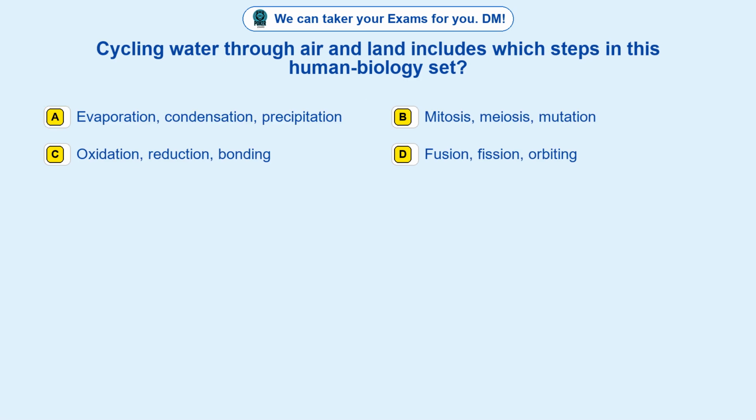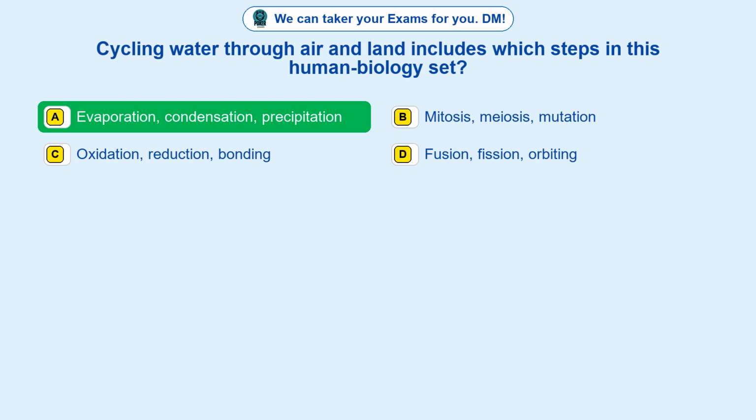Question 87. Cycling water through air and land includes which steps in this human biology set? Option A, evaporation, condensation, precipitation. Option B, mitosis, meiosis, mutation. Option C, oxidation, reduction, bonding. Option D, fusion, fission, orbiting.